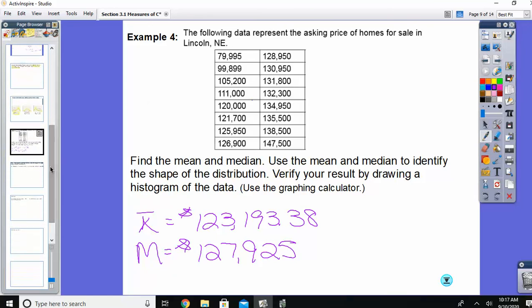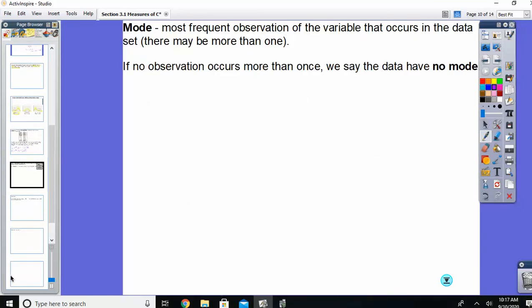Okay, let's talk about just a couple more things. Mode is the most frequent observation. There could be more than one, so if I had 2 points that each show up 3 times and that's the most, then you would list both of those as a mode.